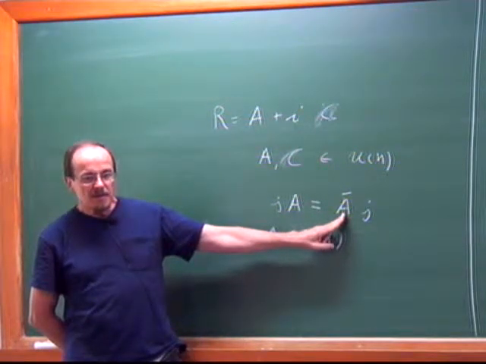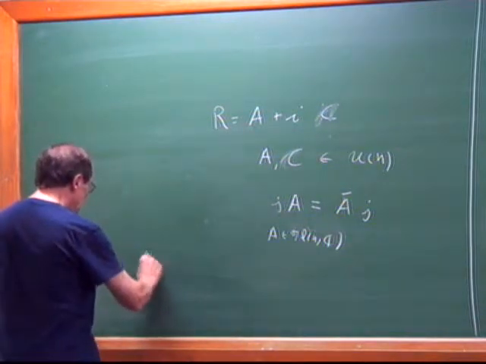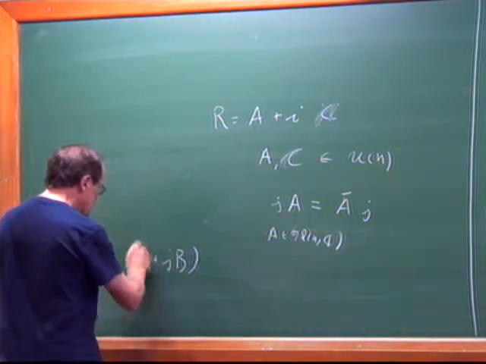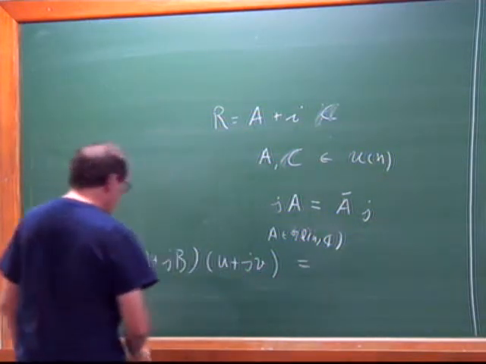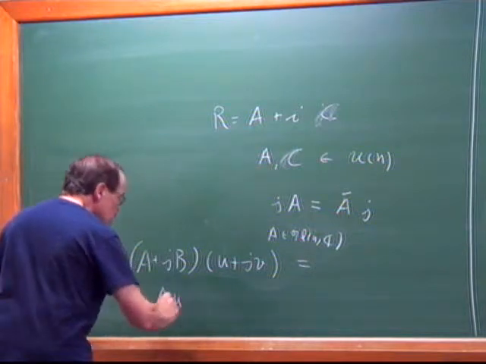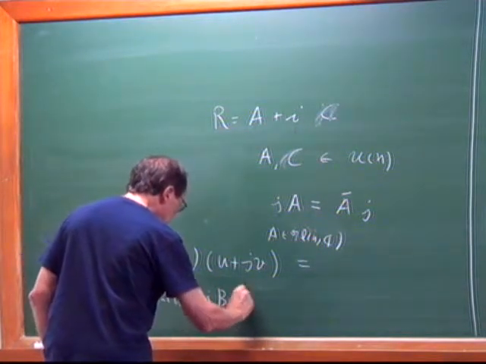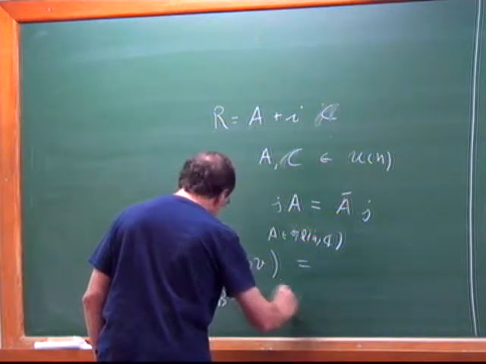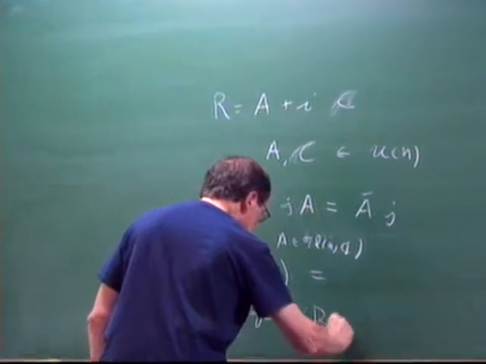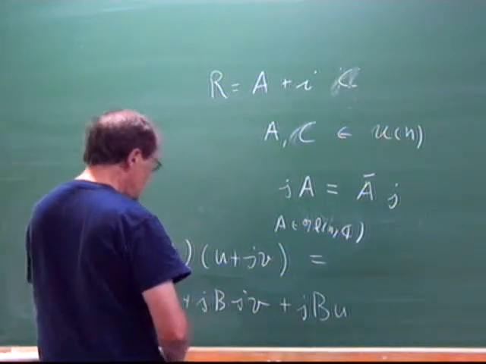That's A bar. So I can reverse like this. So A plus JB times U plus JV is AU plus JB JV plus JBU plus AJV.